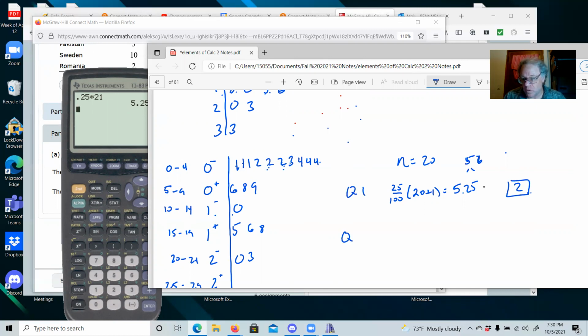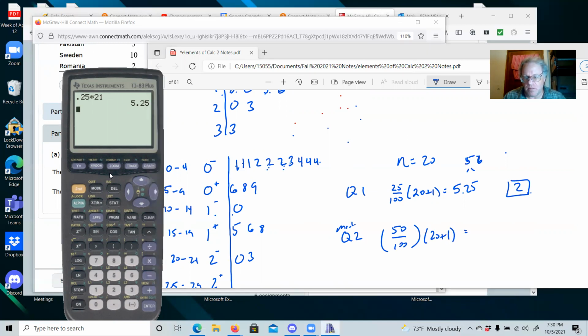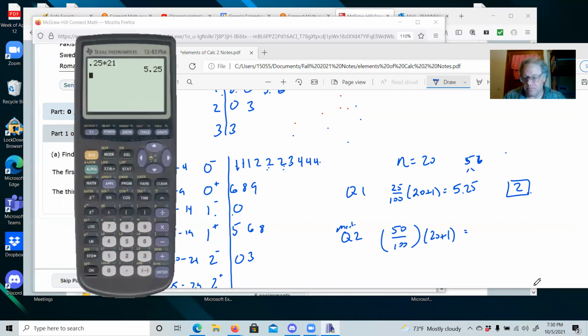Okay, quartile 2, this is also the median. Okay, this is 50 over 100. 20 plus 1 is equal to, right? So again, one of these, you have to know how to do this, okay? 50 divided by 100 times 21, all right?